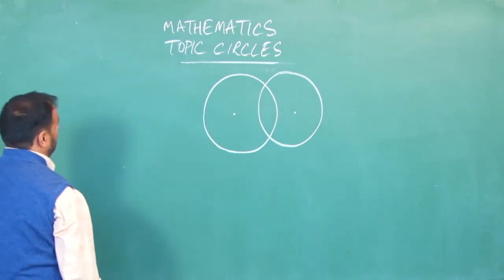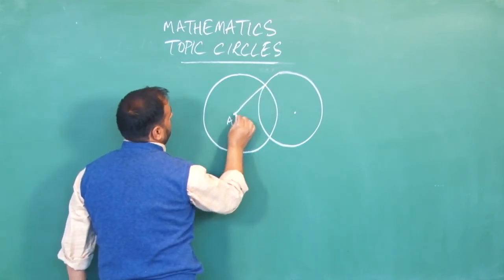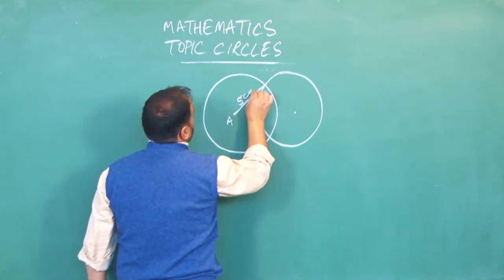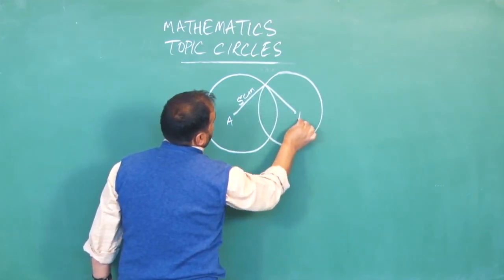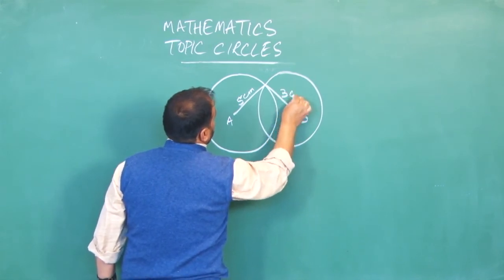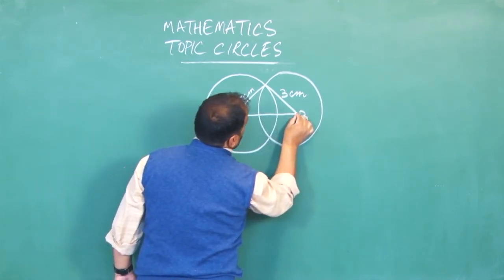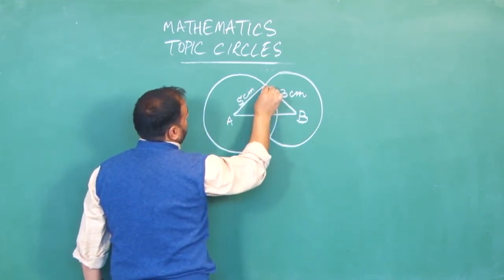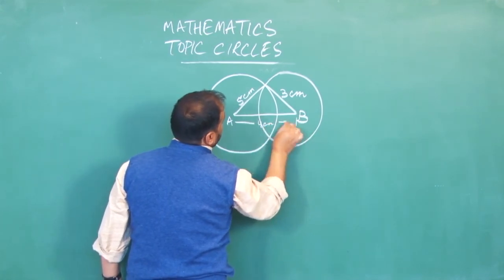One circle has center A and its radius is 5 centimeters. Then we have another circle with center B, and the radius of that circle is 3 centimeters, and the distance between both the centers is 4 centimeters.